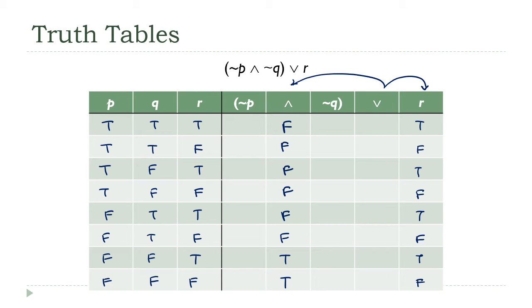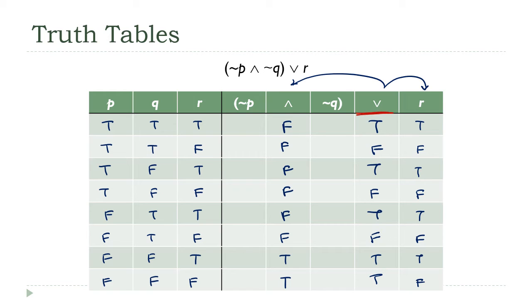And again, I'm using this process, right? Or is only false when both of the 2 inputs are false. So I'm looking, where are the rows that have 2 F's? This one, and this one. Everything else gets a true.